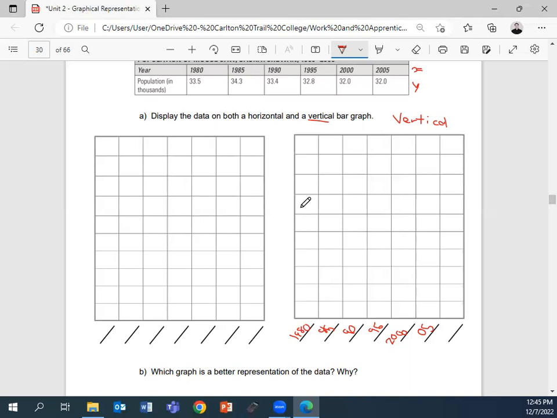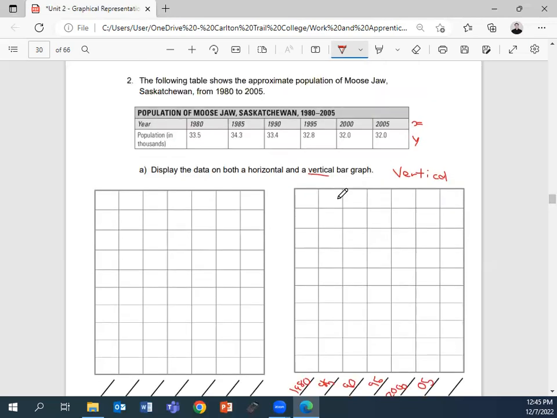So next thing as well, remember, there are 10 lines that go up in the space in here. So a really nice idea would be to take your biggest number, which is 34.3, and divide that by 10. You'd get 3.43. Not a nice clean number, right? Why don't we go up by 4s or 5s? Those are close enough, but also nicer, easier numbers to work with, right?